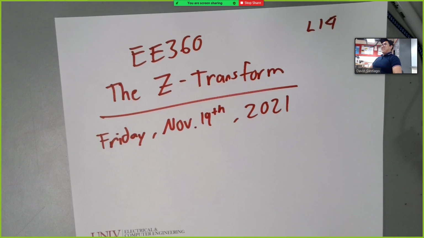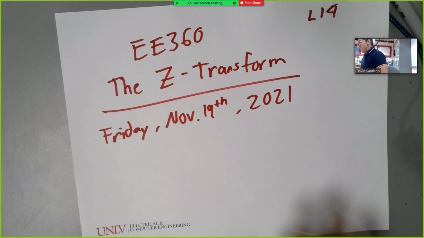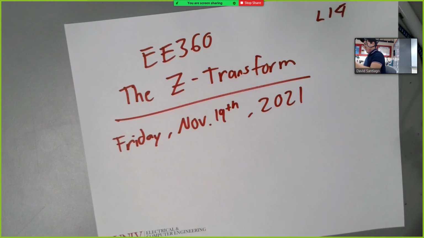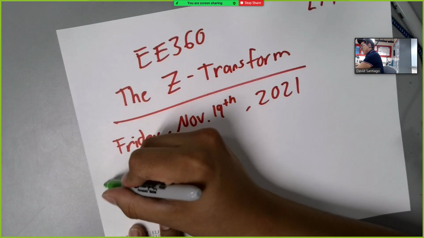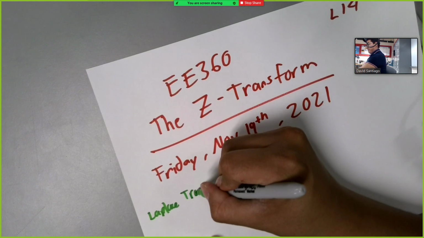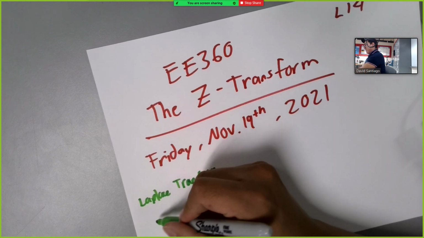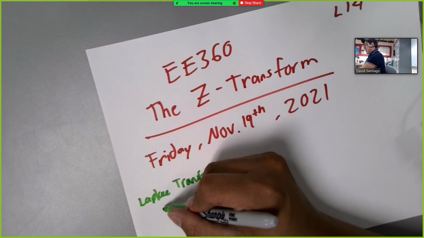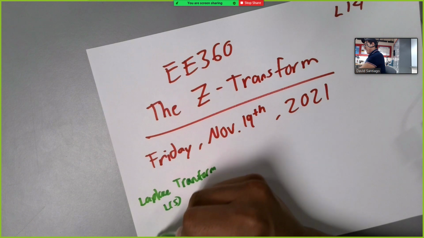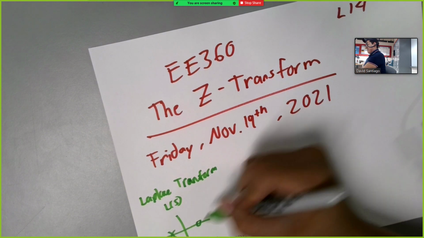Today we will finally start the final big topic of 360, and that is the Z transform. So, if everyone remembered Laplace transform, I'll try to show everyone. Remember with Laplace transform, where you had some L of S, right? And then you had some poles and maybe a zero somewhere there, right?